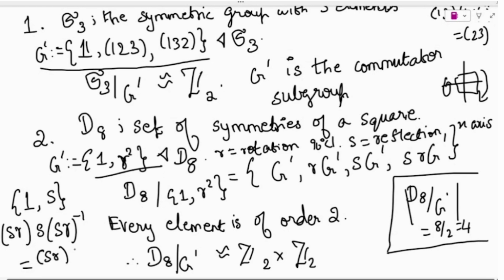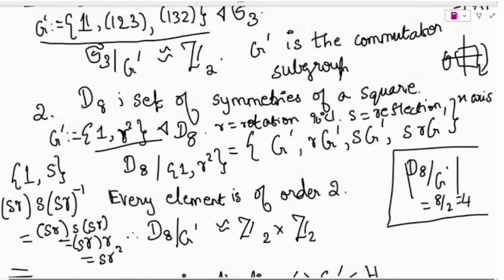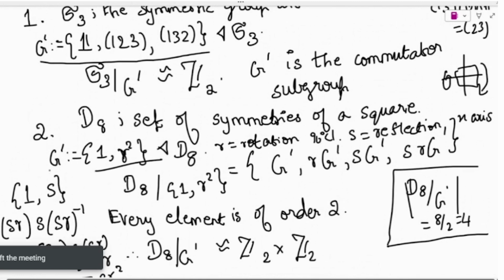The inverse of SR is just SR itself, since it is a reflection. So this will become SR times S times SR, which gives SR squared, because S squared is just identity. So this is not in the group. So this group of order 2 is not normal. Only this group of order 2 is normal in D8.